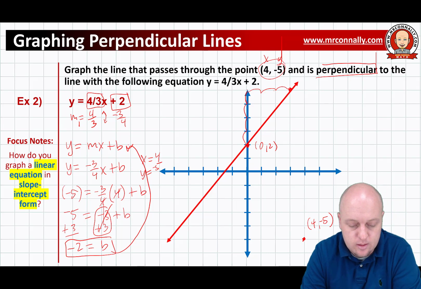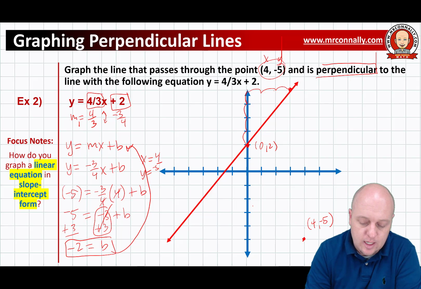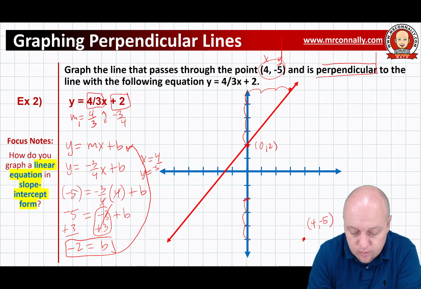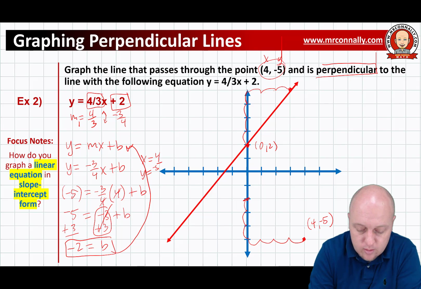So our new line is going to have a point of 4, -5, and it's going to have a slope of -3/4. So it's going to go down 3 and over 4, or I could do up 3 and left 4. Okay, so down 3 and right 4. 1, 2, 3, 4.